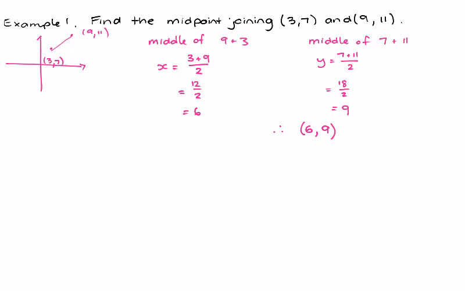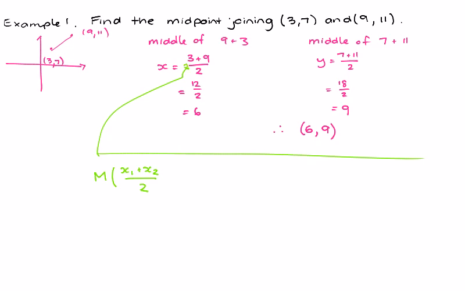The other method of doing it is using the formula. You know the midpoint is we add the x's and divide by 2. And if you look up here, that's exactly what I've done. Added the x values and divided by 2. And likewise, the y's. Add the y's and divide by 2.